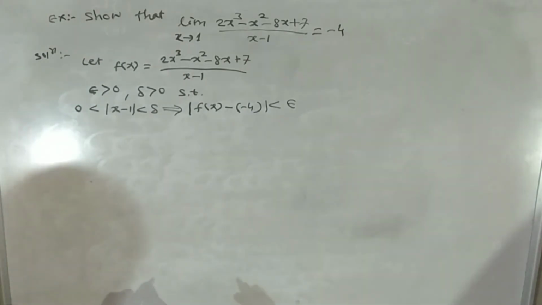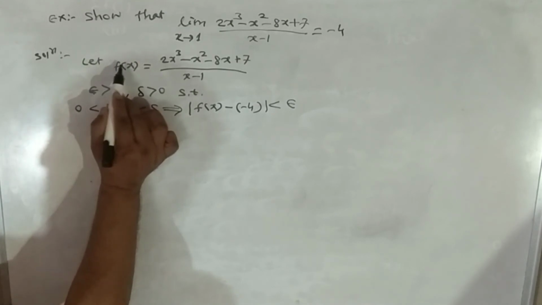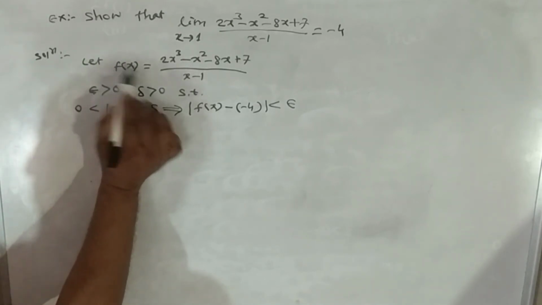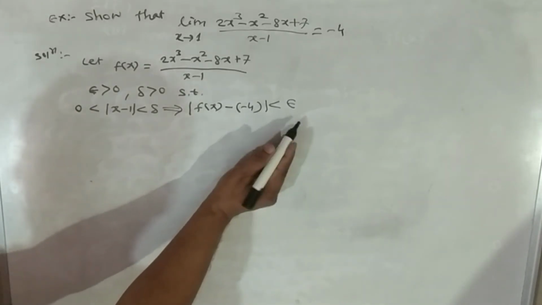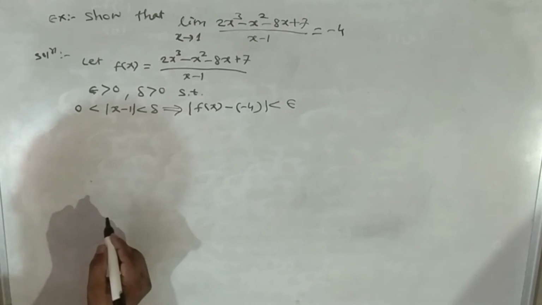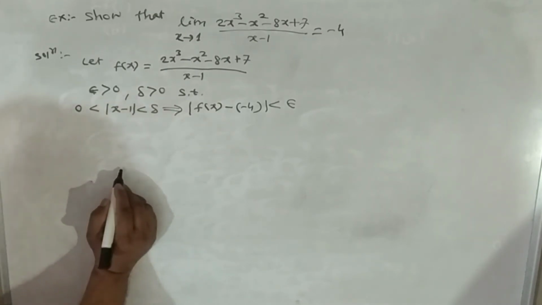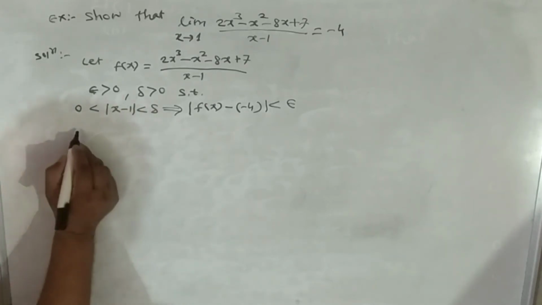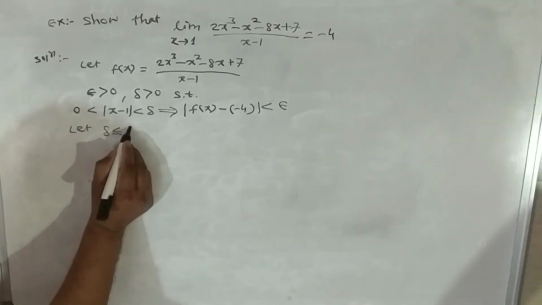This is the function f of x minus 4 is less than epsilon. And so let delta be less than or equal to 1.